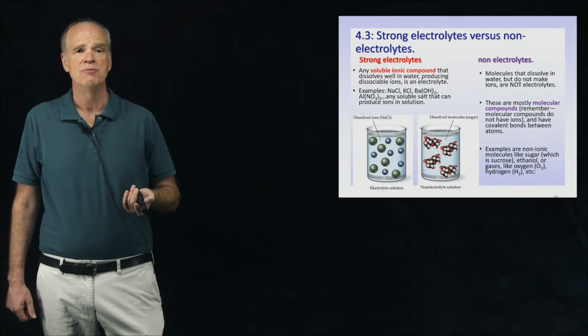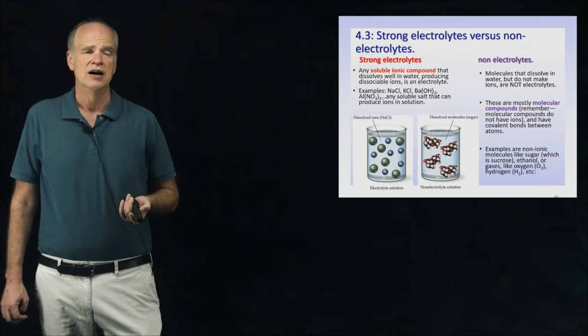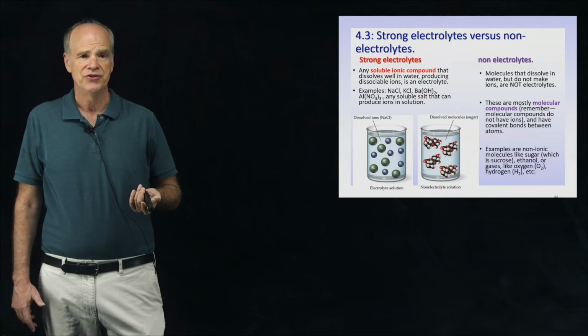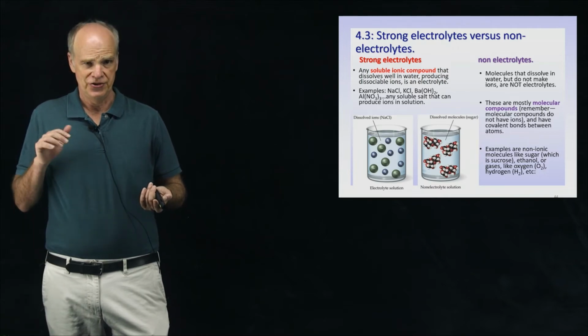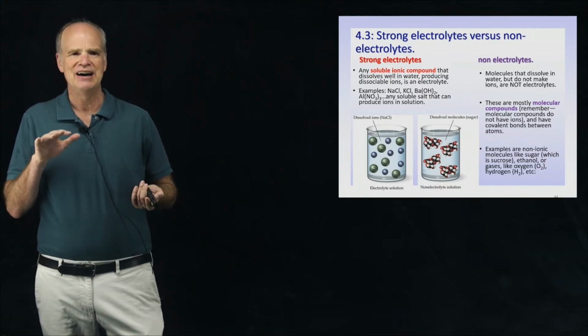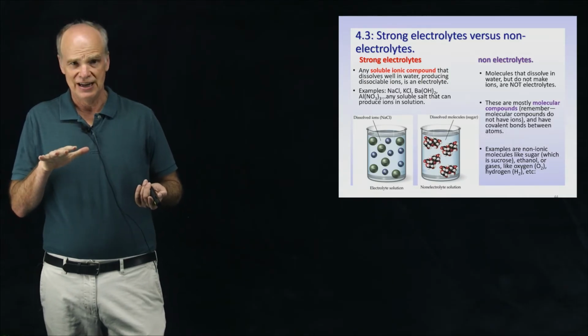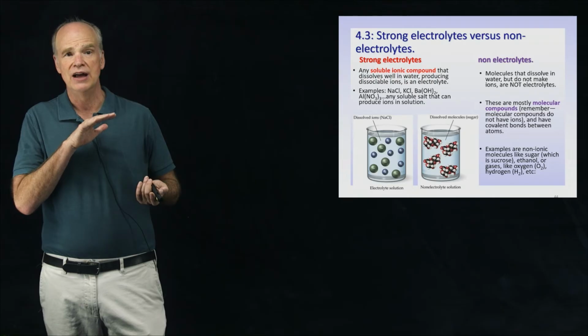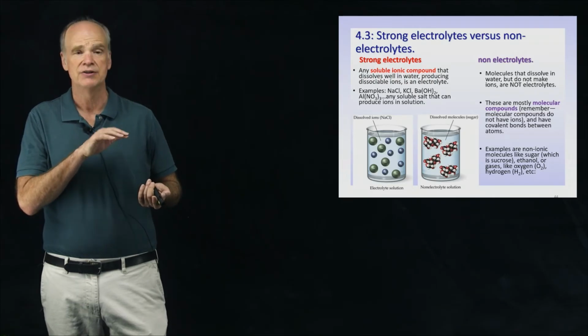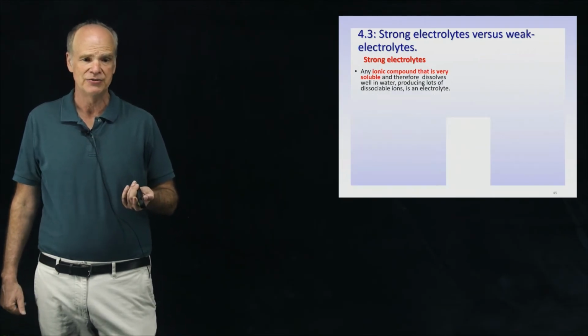So those molecules as well would not be electrolytes. So just to summarize, soluble ionic compounds are going to be strong electrolytes, while molecular compounds will not be electrolytes.